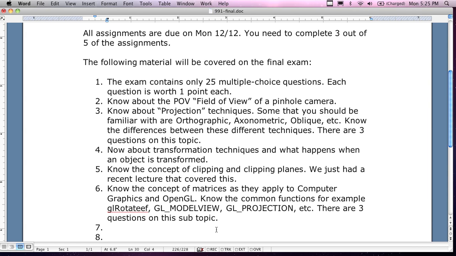For the next 4 questions, 10 through 14, there are 4 questions on lighting. In fact, I'll read you the question. I'm not going to write it in the outline here, but I'll read it. For the next 4 questions, match the pictures on the right with the corresponding term on the left.